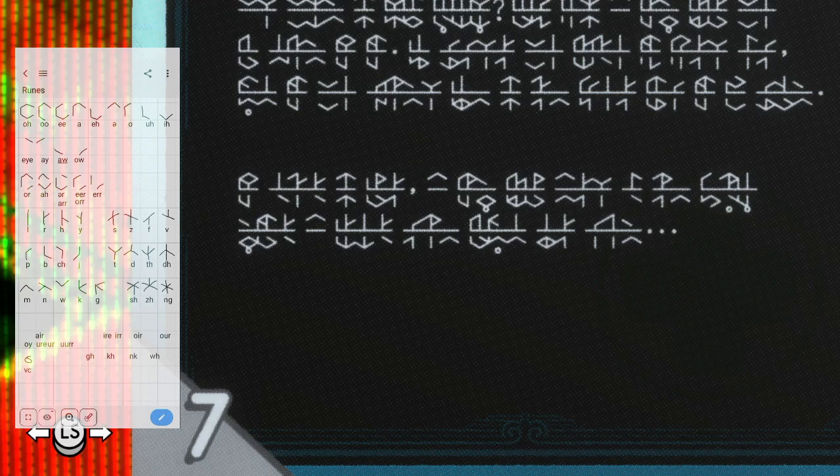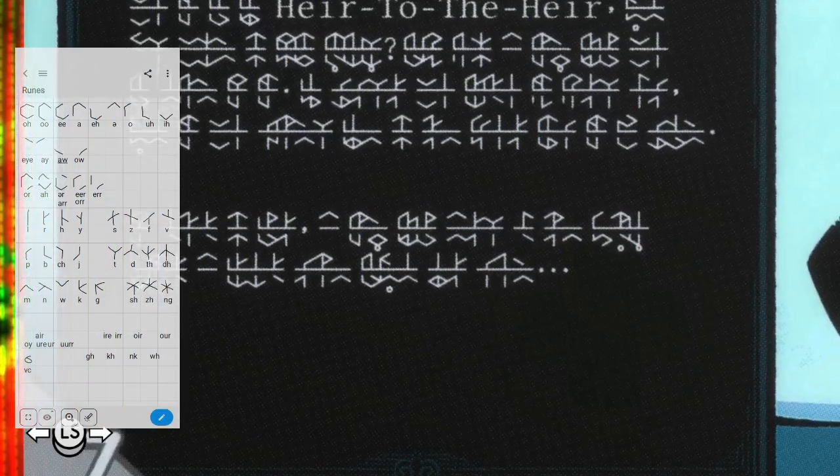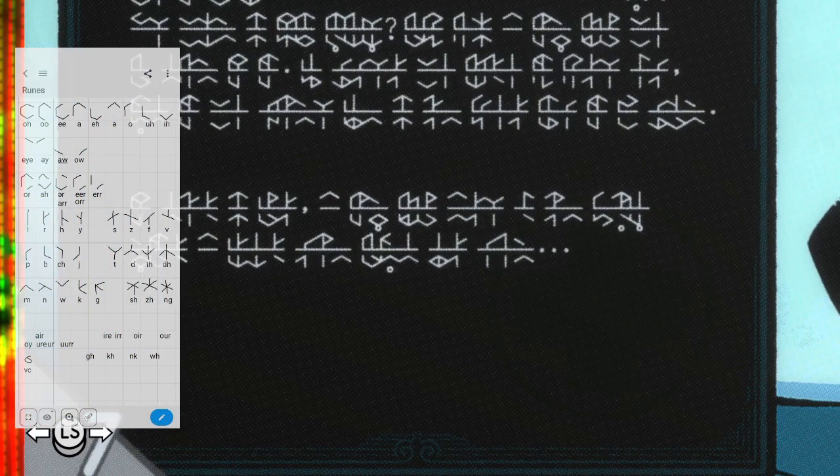Relic from beyond, and that confirms that it can be an R as well. Okay, for some reason it's just both. Got it.